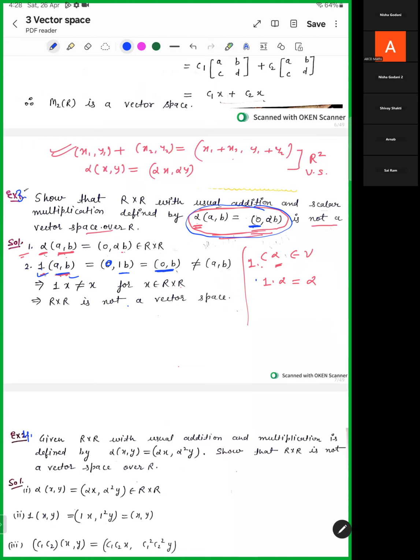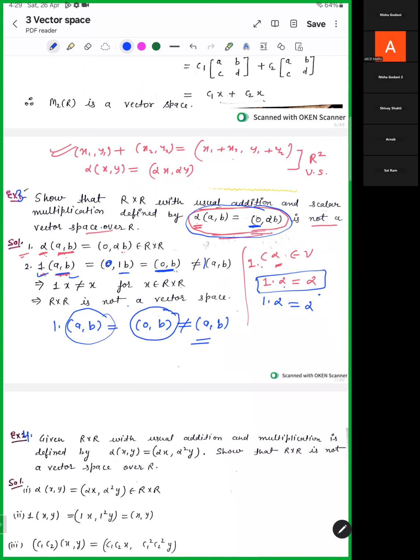According to this property, 1 into alpha must be equal to alpha. But here 1 dot a comma b is equal to 0 comma b, which is not equal to a comma b. According to the axiom, we must have 1 into alpha equal to alpha, but a comma b is different from 0 comma b.